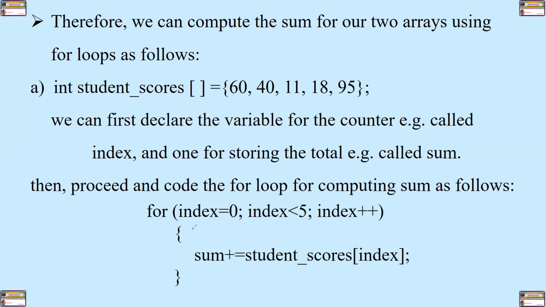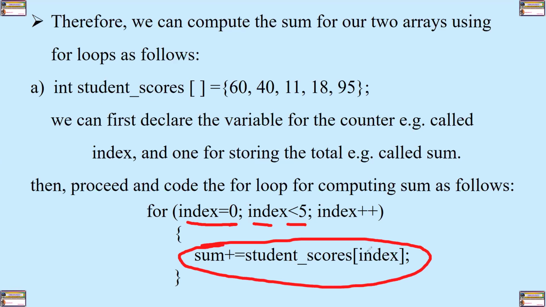I repeat, pick 0, assign it to the memory location we call the index. Then you compare what is in index, or find out whether what is in index is less than 5. If yes, perform this operation. Once done, increment what is in index with 1.